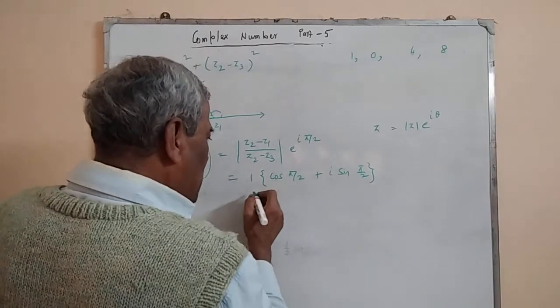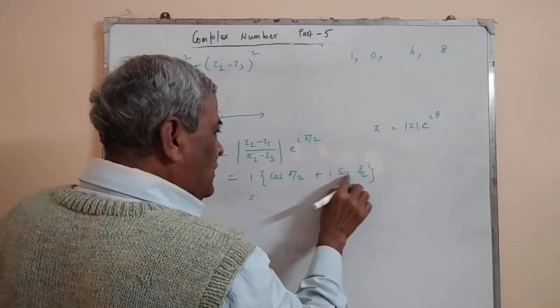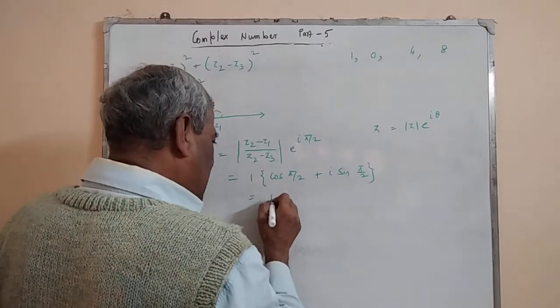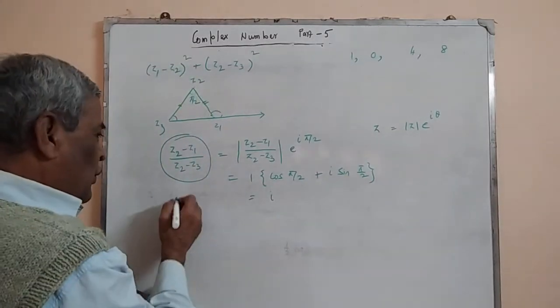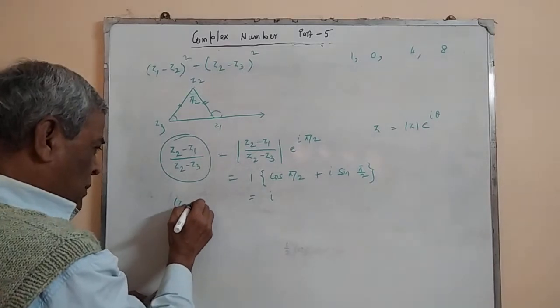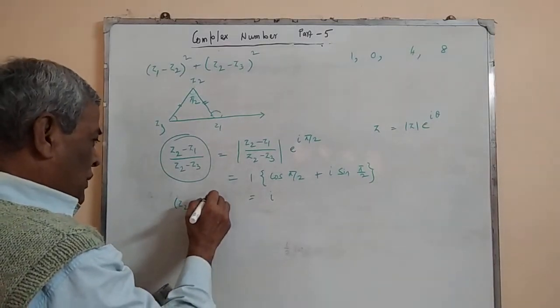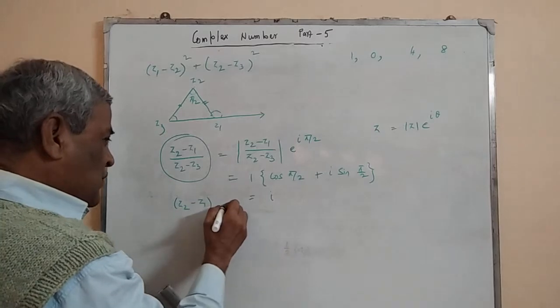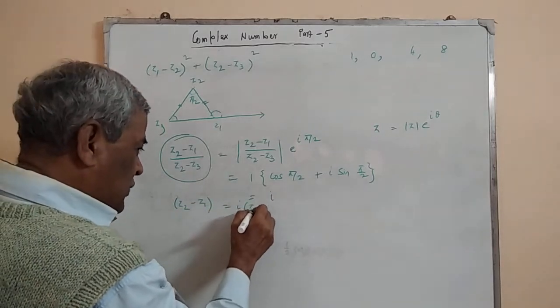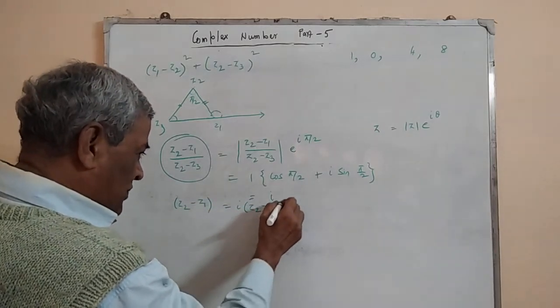Cos pi by 2 is 0, and sin pi by 2 is 1, so it is I. So we get Z2 minus Z1 is equal to I into (Z2 minus Z3).